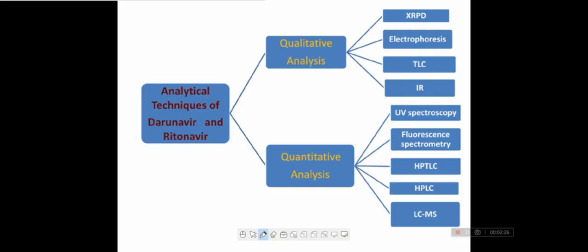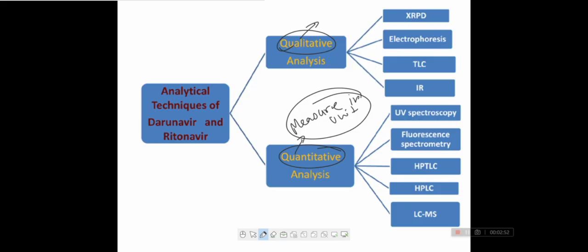Quantitative means when we measure a substance in a unit, that is known as quantitative. Qualitative means we measure according to their functioning, according to their properties.